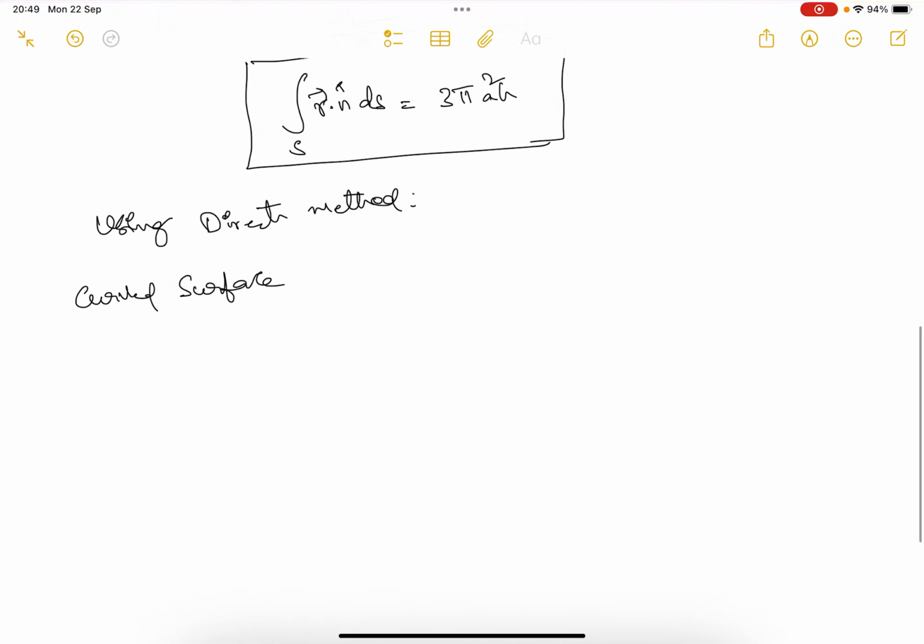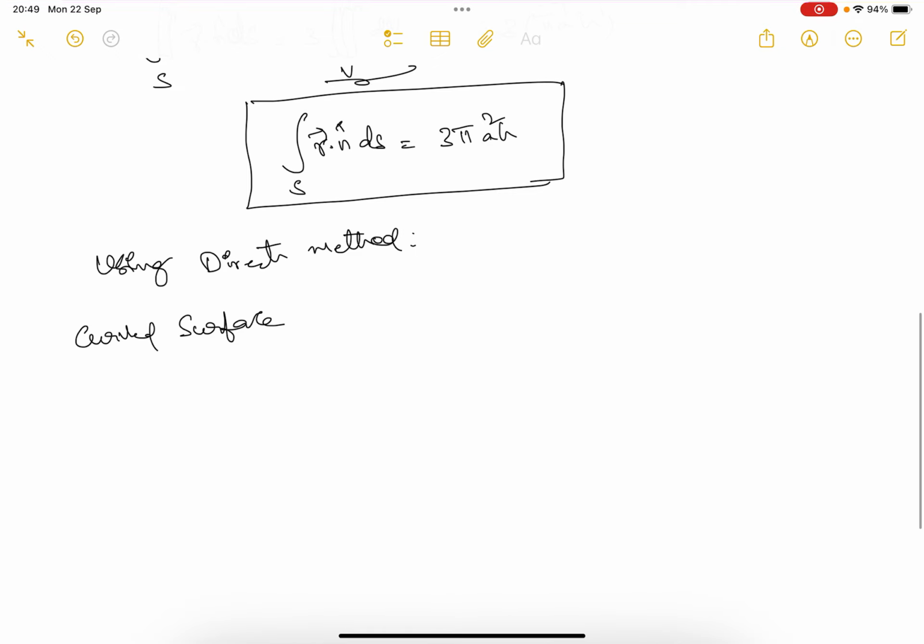For this case, we need to calculate r bar dot n cap into ds. For the curved surface, what is n cap, the vector normal to the curved surface? Here n cap will be cos theta i cap plus sin theta j cap.